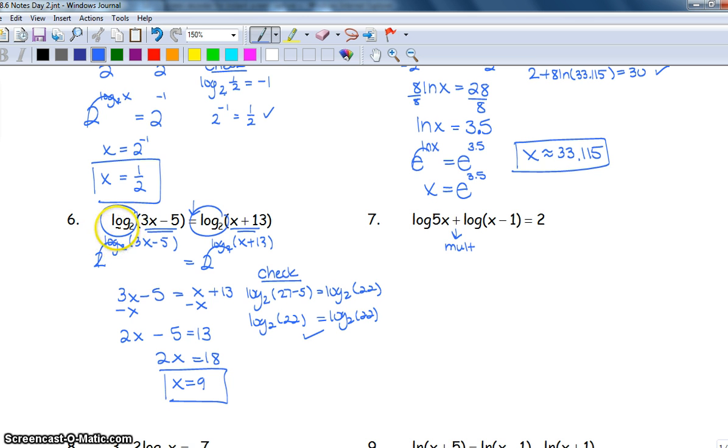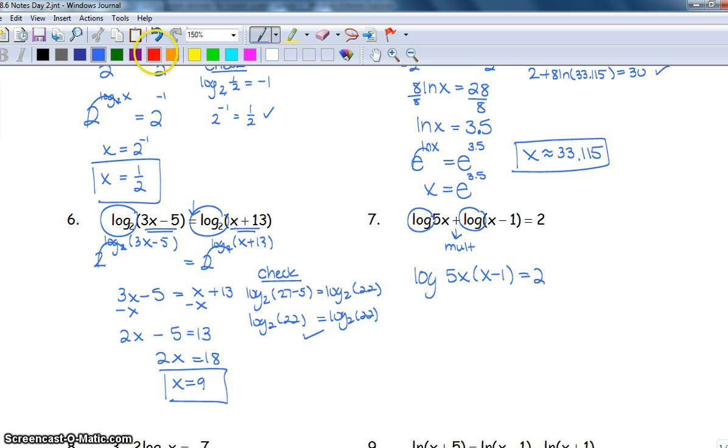With number 6, I had a log on the left side and a log on the right side. Number 7, since I have logs on both sides, and both of those logs are the same, I want to condense it together. It's just like adding like terms. Before you solve, you add like terms. So this really is log of 5x times x minus 1 equals 2.